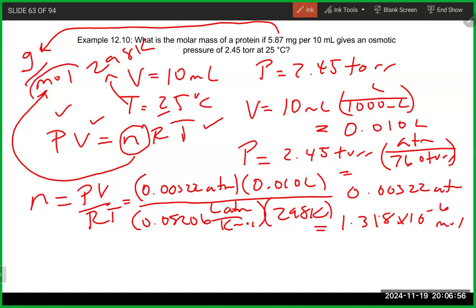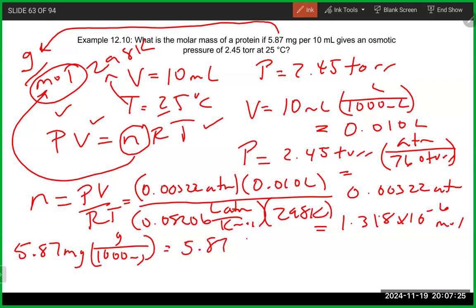That is the bottom part for our molar mass. As I mentioned before, we do have to convert our milligrams into grams. We'll take our 5.87 milligrams and convert it into grams. 1,000 milligrams is a gram, so 5.87 divided by 1,000 gives us 5.87 times 10 to the minus 3 grams.